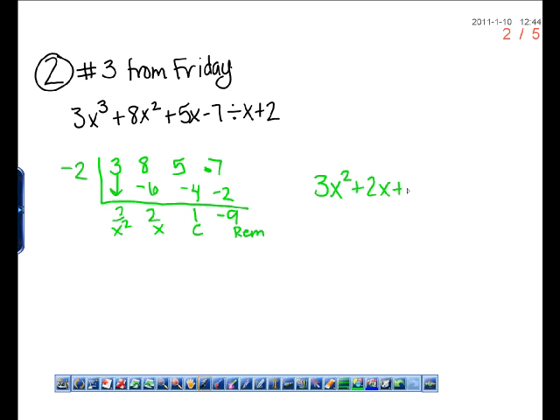Does anyone remember how we do it when we have a remainder? Good. You still put it over what you would have used in long division. You still put it over that x plus 2. I'm sorry? Well, there sure is. Thank you. There should be a 1 right there.